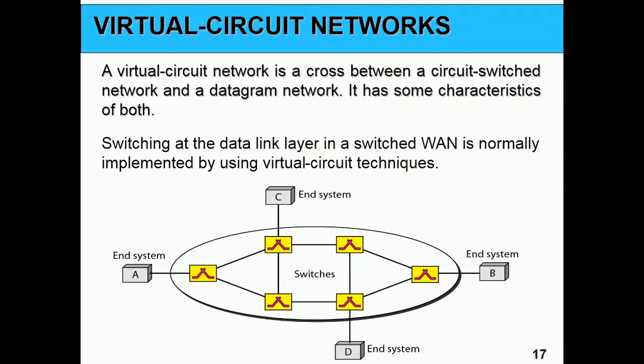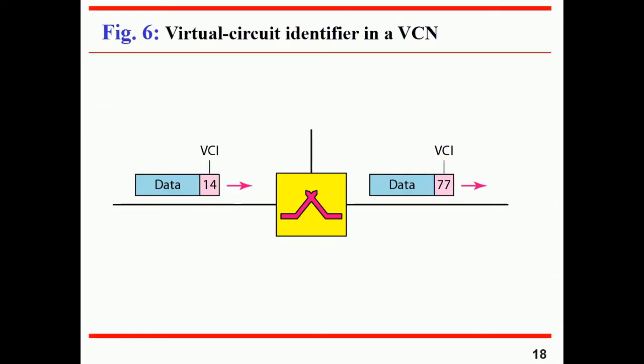The switching at the data link layer in a switched wide area network is normally implemented by using virtual circuit techniques. How it works and how it is connected is shown in the diagram. There are 4 end systems and 6 switches used in this virtual circuit network.